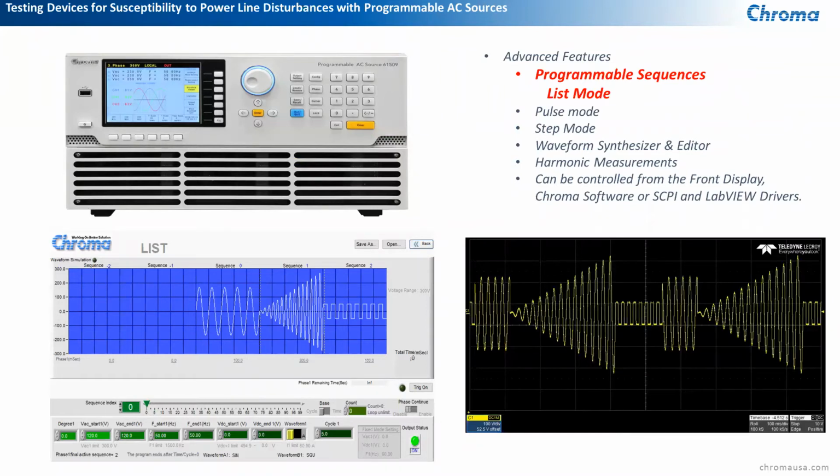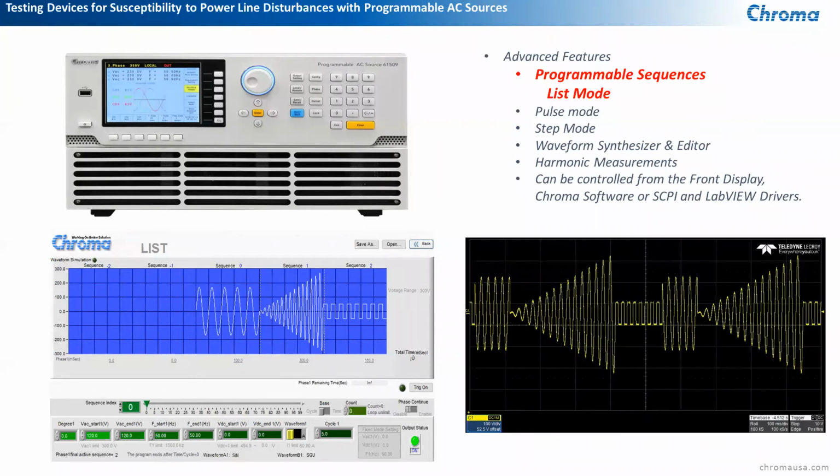The 61500, this is a 61509, has one feature known as programmable sequences. Programmable sequences gives you the ability to do some very unusual different types of voltage variations, frequency variations, ramps, and even waveform changes.